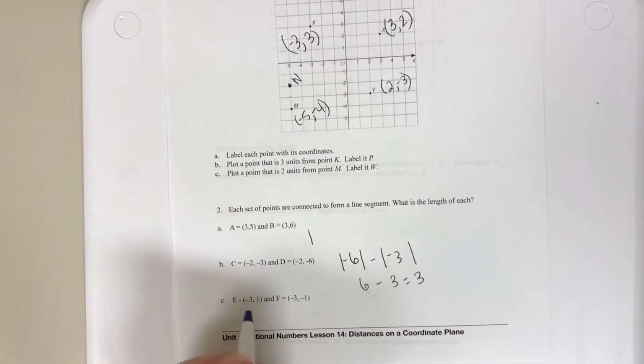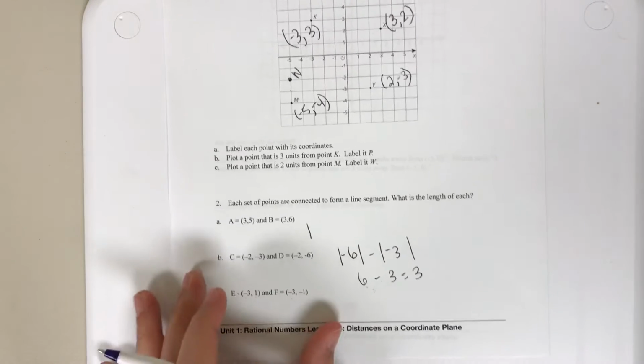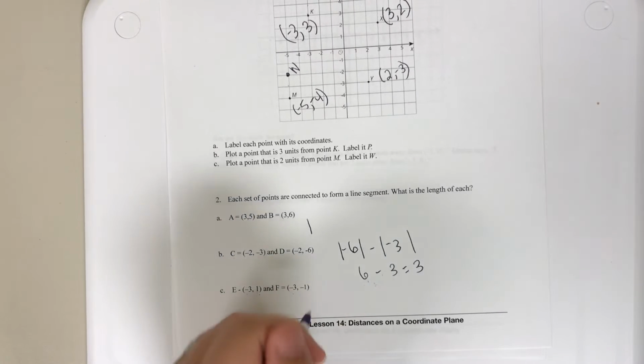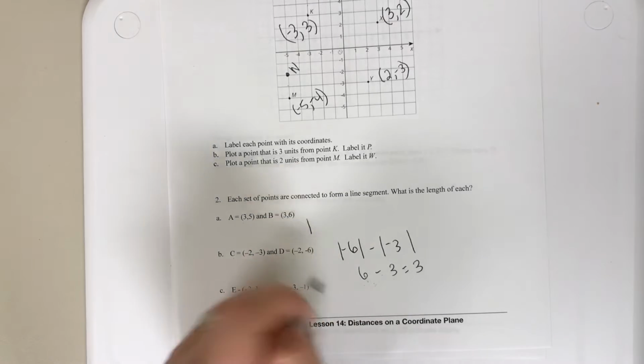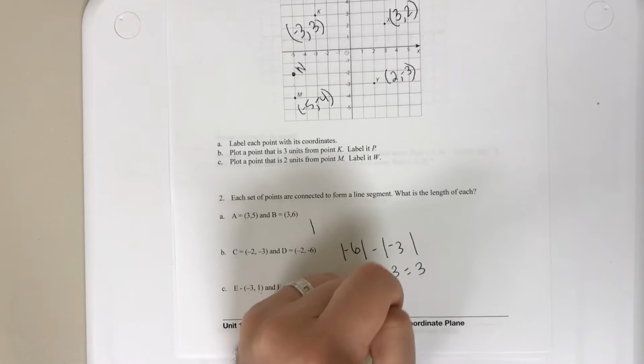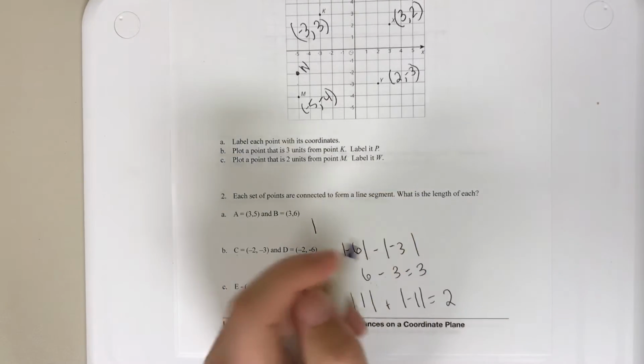And then here we have -3, -3. Now notice that there's a positive number and a negative number. In this situation, you've got to ask yourself, well, this is 1 above the x. This is 1 below the x. So on that one, you would put them together. You'd add them. So it would be the absolute value of 1 plus the absolute value of -1, which would give you 2 units.